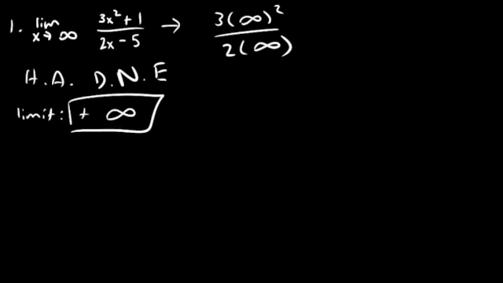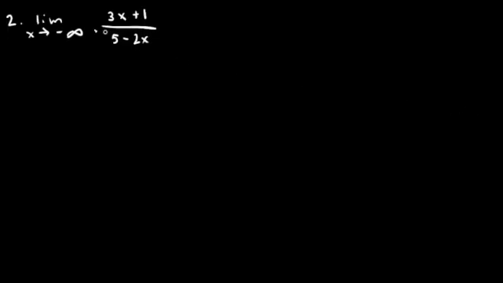So it's pretty simple, straightforward. The next question is telling us to find the limit of 3x plus 1 over 5 minus 2x as x approaches negative infinity. Now in this case, we can see that the degrees are the same in both the denominator and the numerator, which means then we can just find the numerator's coefficient, which is 3 over here, over negative 2, which is the coefficient for the denominator.